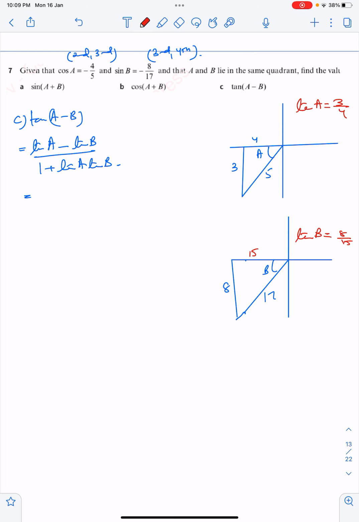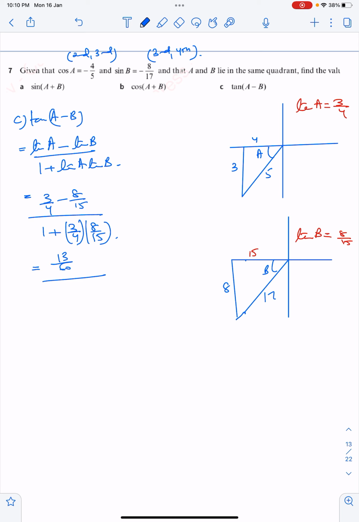Fine. So just applying in the formula, tan of a is 3 upon 4, tan of b is 8 upon 15, upon 1 plus tan of a, 3 upon 4, and tan of b, 8 upon 15. Let's solve it. I'm using the calculator and getting 3 upon 4 minus 8 upon 15, which is 13 upon 60, the numerator.